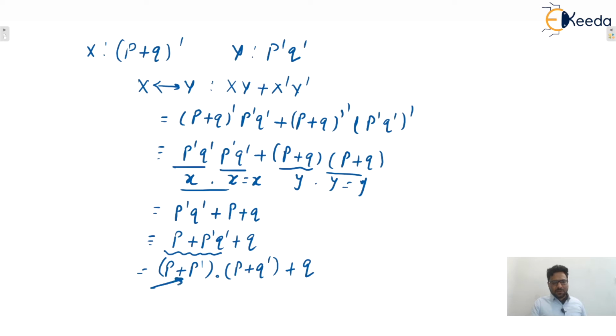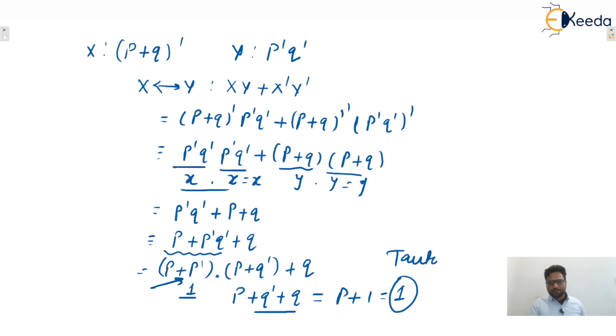P plus P' becomes 1, and Q plus Q' is 1, so P plus 1 is 1 only. So this one is a tautology.